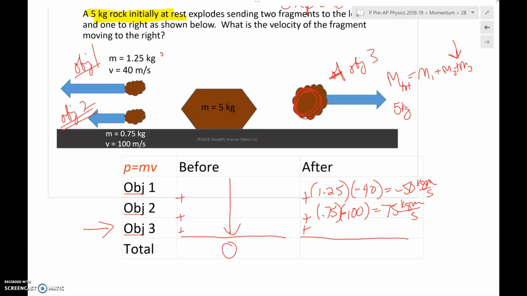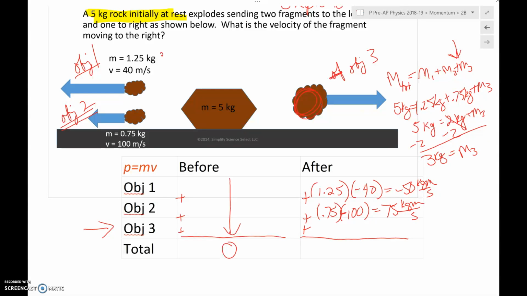So let's just solve this like an algebra problem. Mass 1 is 1.25 kilograms, and mass 2 is 0.75 kilograms, and we're going to solve for mass 3. So 5 kilograms is equal to 2 kilograms, adding those two values together, plus the third mass. Subtract 2, so our third mass must be 3 kilograms.